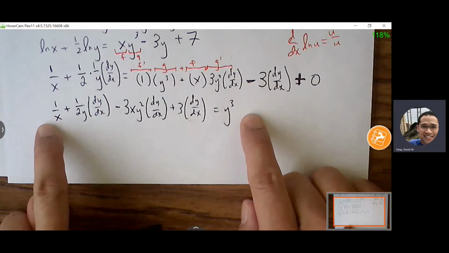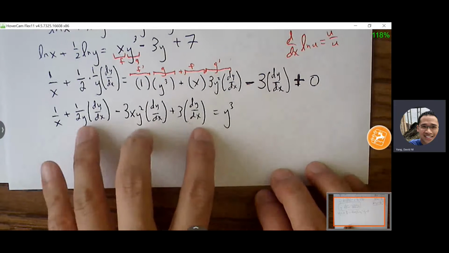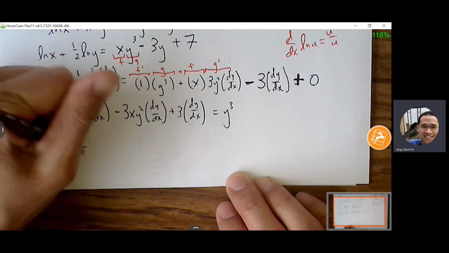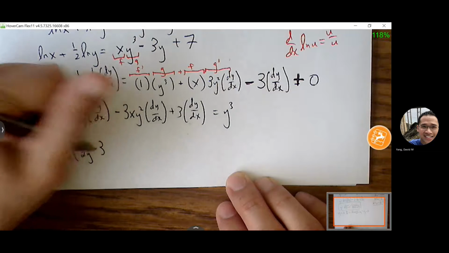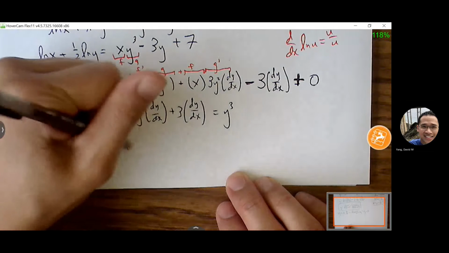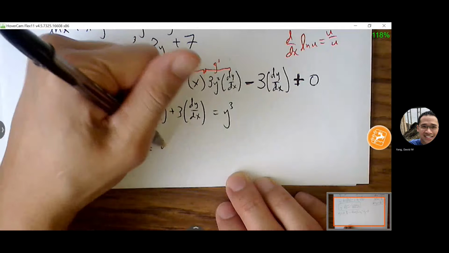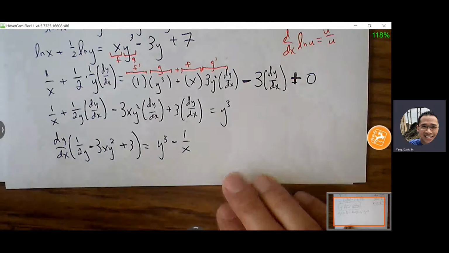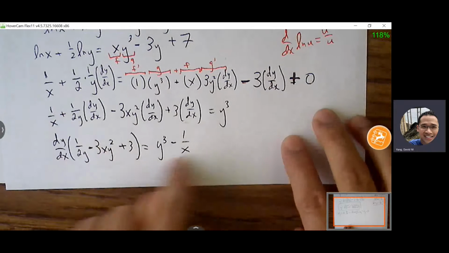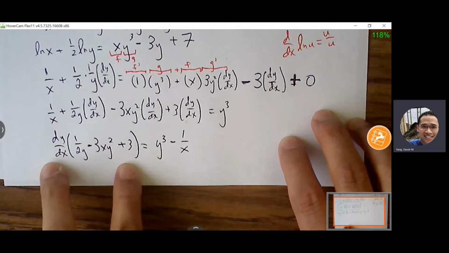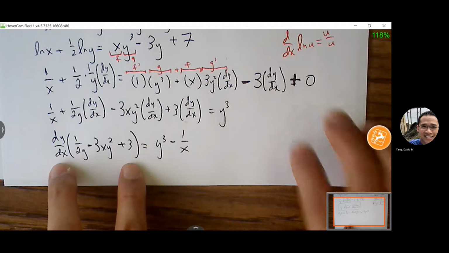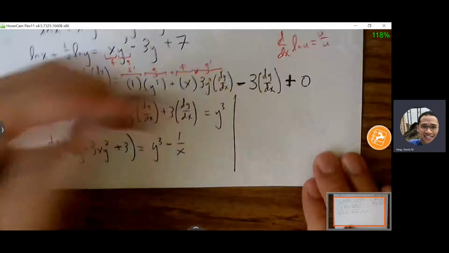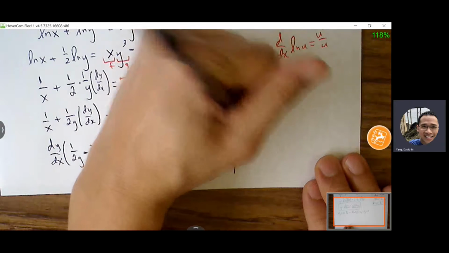Okay, so move this x over to the right side, and I'm going to factor the dy dx out. I'm going to skip a few and combine a few steps together here. You guys see that? I just moved that 1 over x over to the right, and I factored the dy dx out. Okay. Divide the parentheses over, and I have my derivative.